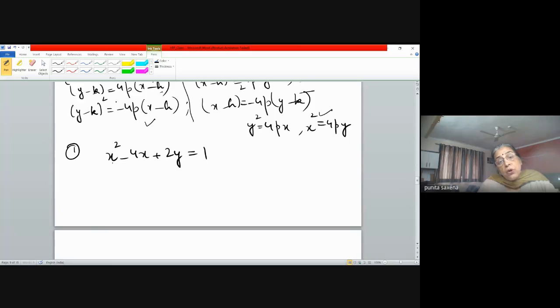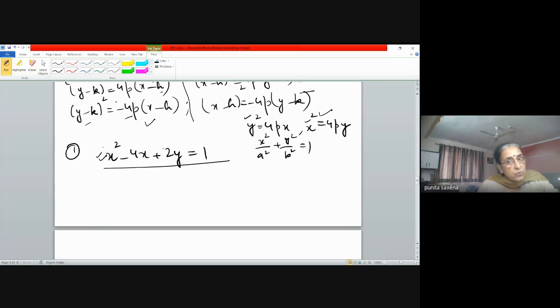That means we do not have an equation with terms like x square and y square both together. ठीक है ना? That happens only in the case of ellipse or a hyperbola, where you have terms containing x square as well as y square with you, right? So in this equation, I just have one term containing x square.